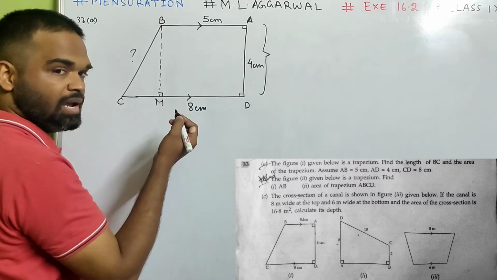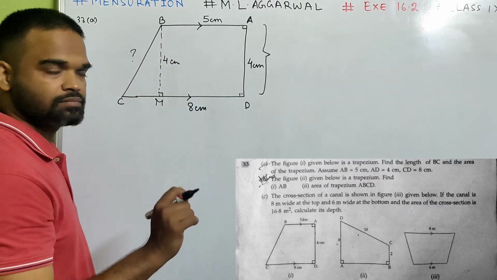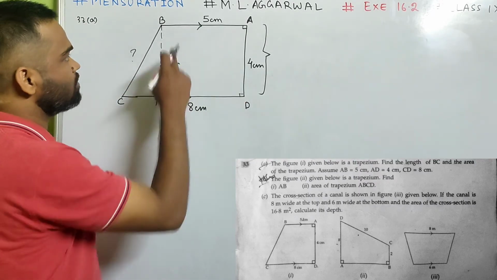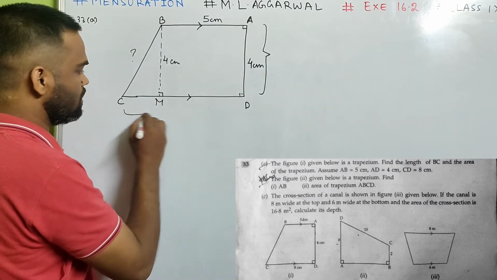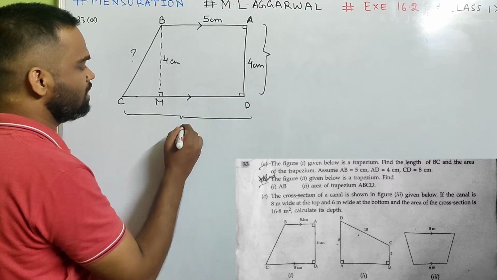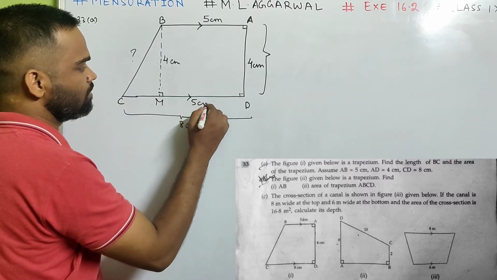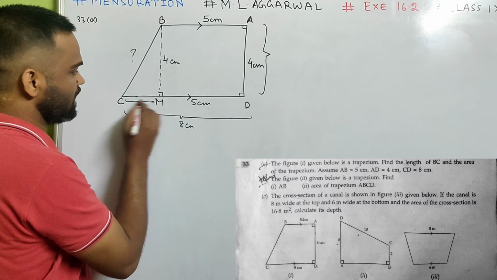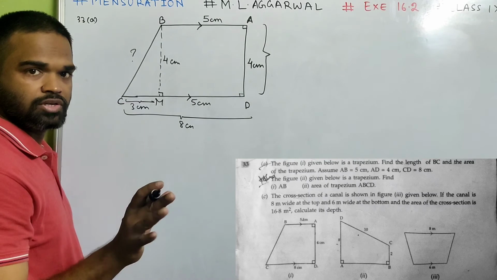Then the length of BM is also 4 centimeter. Yes or no? And this BADM becomes a rectangle. So if BA is 5, this is also 5, which means CM, this length, becomes 8 minus 5, that is 3 centimeter. Yes or no?